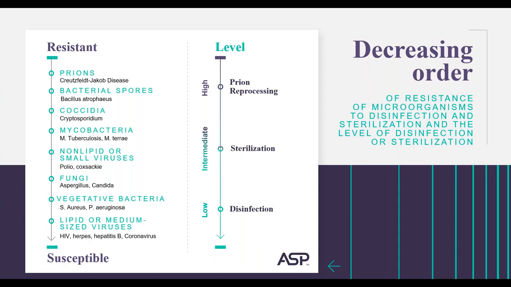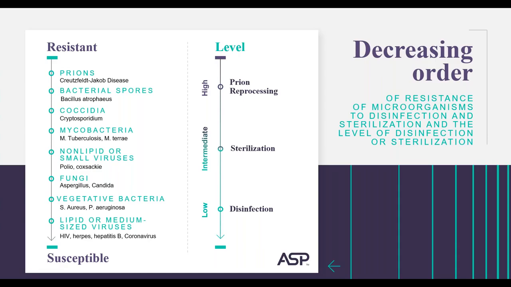If we look to the left of the slide and we see on the bottom it says susceptible, those are the most susceptible organisms to the process. If we go to the top, it's the most resistant. So let's just start at the bottom. Lipid or medium-sized viruses would include herpes or the coronavirus. Then we have vegetative bacteria, which would be Pseudomonas aeruginosa, and we've talked a little bit about that already.